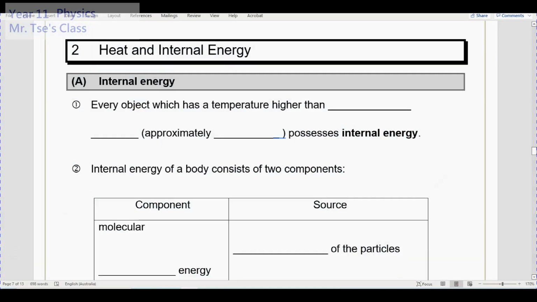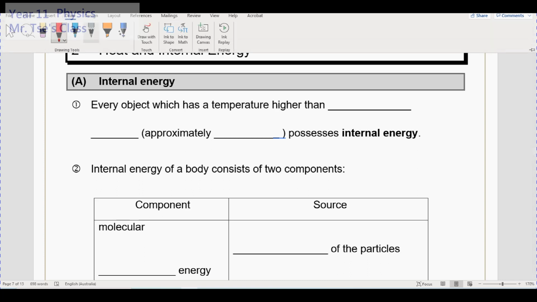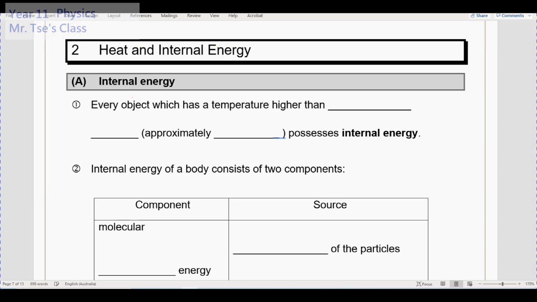So is there any condition for objects to have this kind of internal energy? Actually, theoretically there is such a condition, although normally that won't happen. That condition is a very extreme one, because it requires the object to have a temperature higher than absolute zero. Do you know absolute zero?